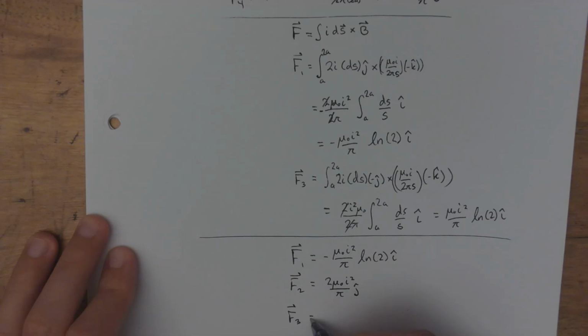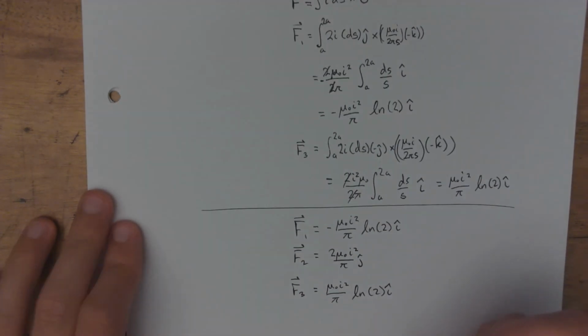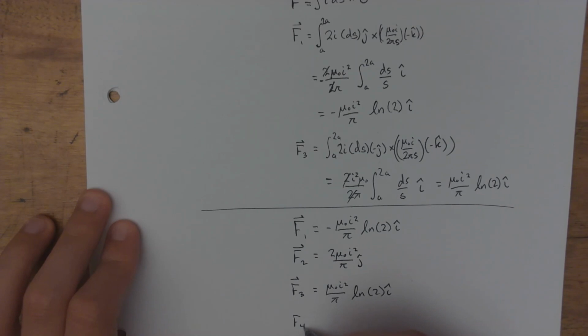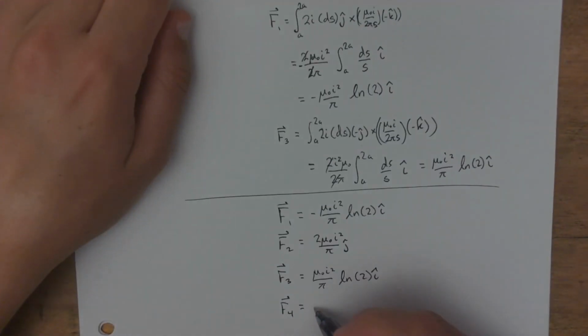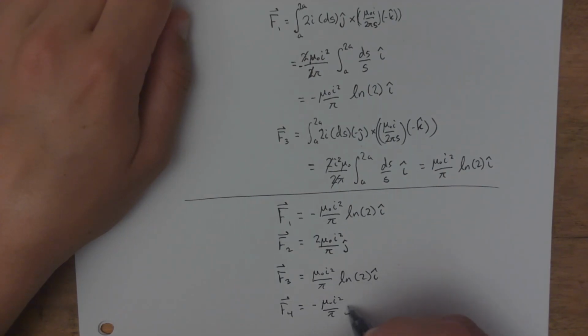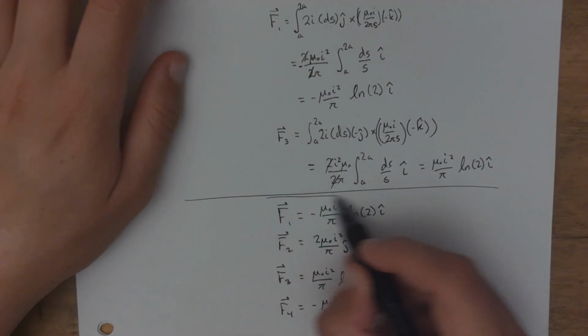The force on side 3 is equal to mu naught I squared over pi ln of 2 i hat, and the force on side 4, that's what I have up here, negative mu naught I squared over pi j hat.